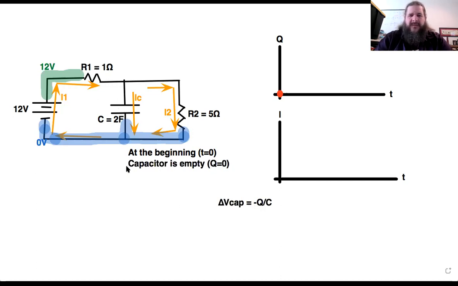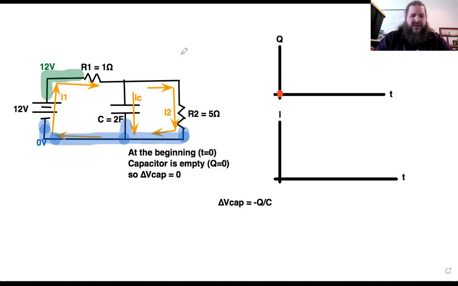However, what's the charge on the capacitor right now? 0. Yeah, the capacitor is empty. So delta V capacitor is also 0. Anytime you've got an empty capacitor, that capacitor has no delta voltage, which means what's the voltage on the top side of the capacitor? 0.